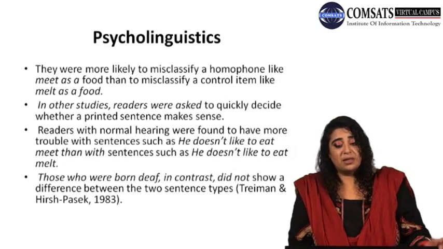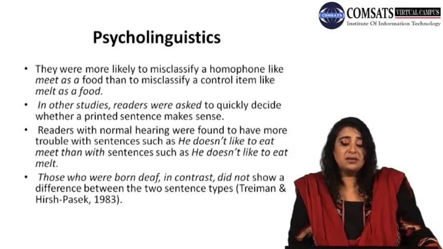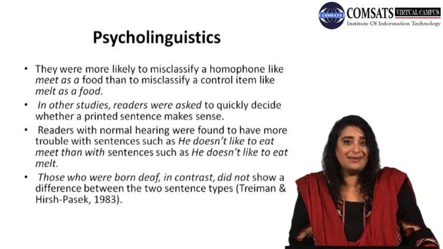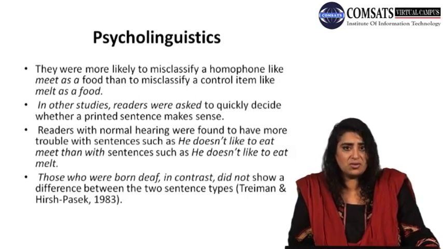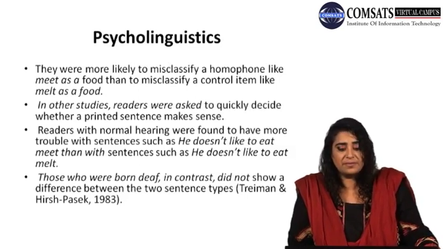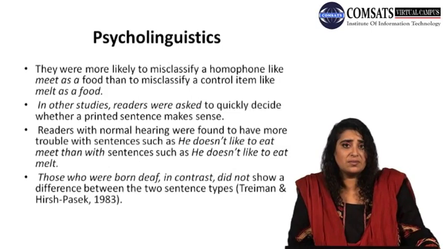With "He doesn't like to eat meat," the sentence refers to eating meat, but with a different spelling, so it's very difficult to tell whether it really makes sense. And a sentence like "He doesn't like to eat melt" doesn't make any sense.